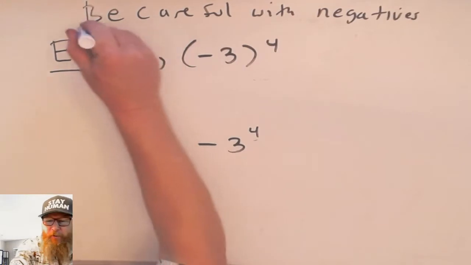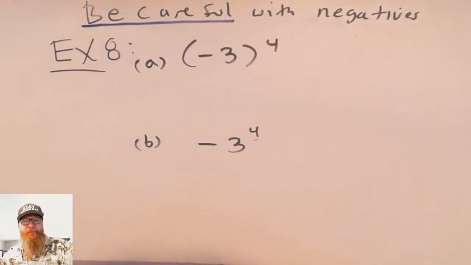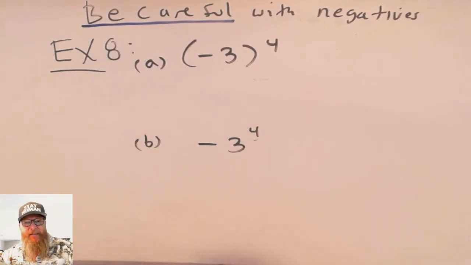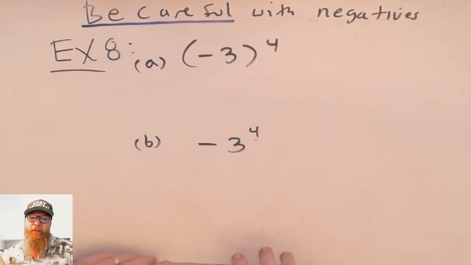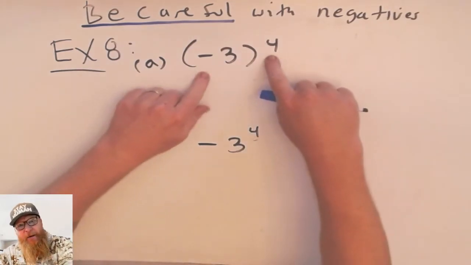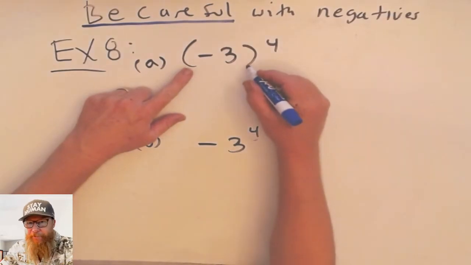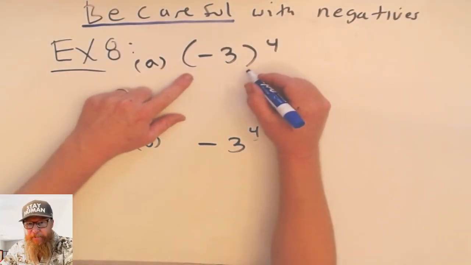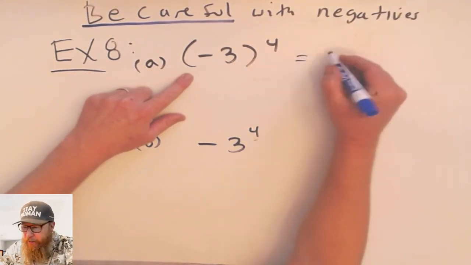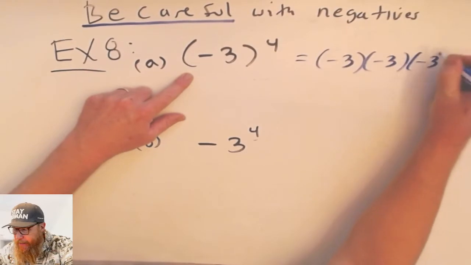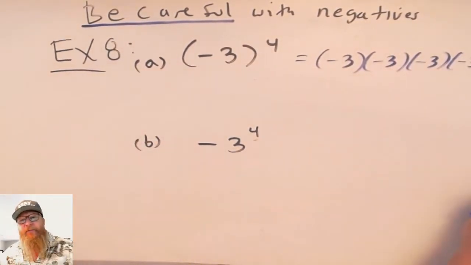Be careful with negatives. I say this in all my classes, so don't take this personally. If this problem was given to any of my classes, I would say exactly the same thing, because negatives, especially when we're talking about powers, cause a huge problem. If there are parentheses around the number, then you are going to multiply negative times a negative times a negative times a negative.